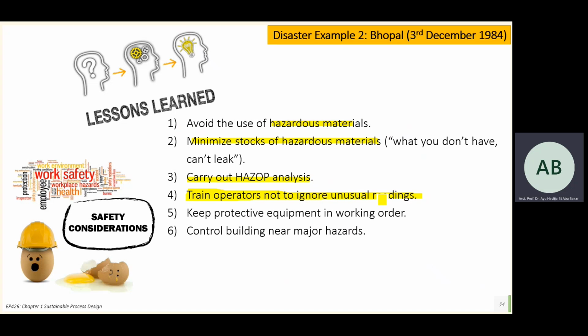Okay, unusual. Even though it's still in the range, but it is unusual. You need to go to the equipment and check what happened. Don't wait until it reaches 120. If it reaches the higher level, you have lesser time to control the thing before it explodes. Okay.